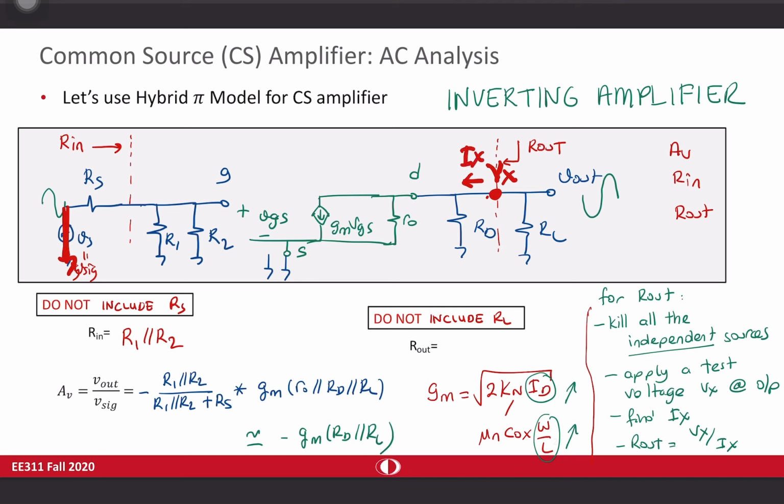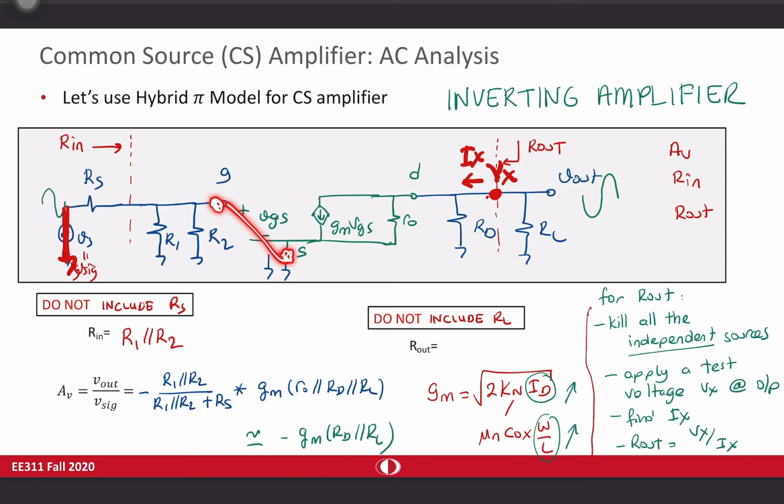But in this case, there is some simplification in the circuit. When you short this voltage source in here, what can you say about the gate potential? You don't have any voltage source in here, therefore no current passing through RS or R1 and R2. Therefore, gate voltage is equal to 0. Source voltage is equal to 0.